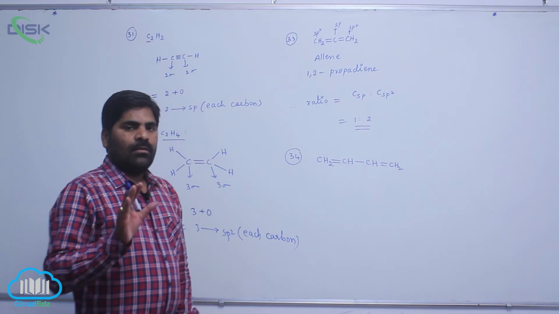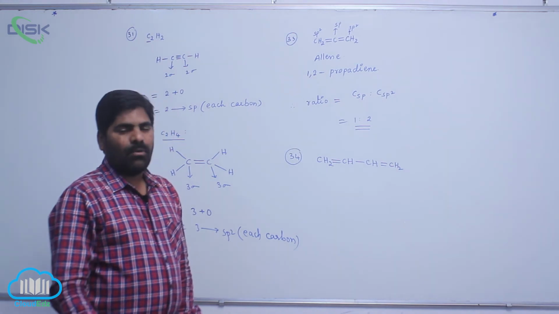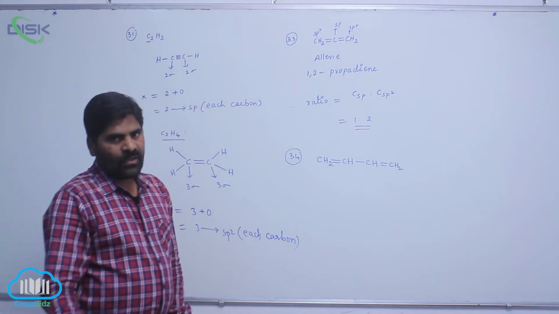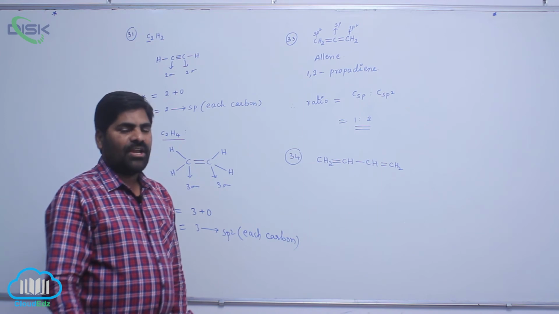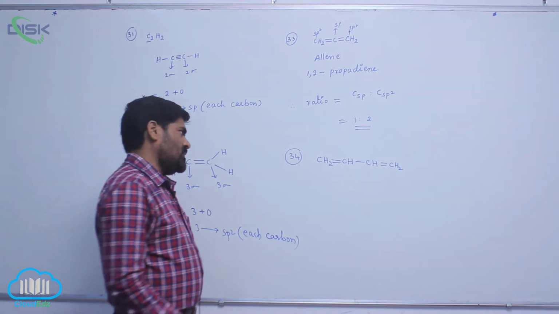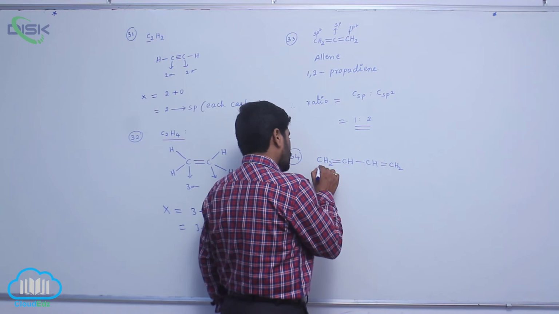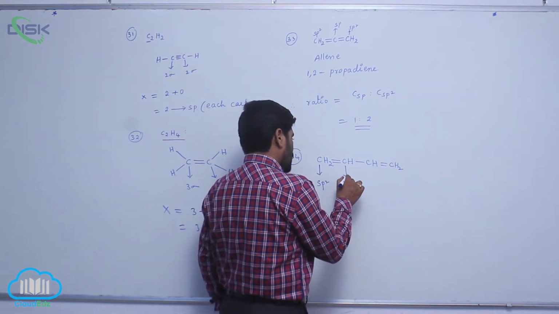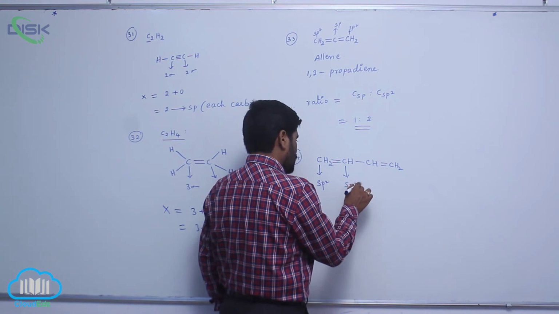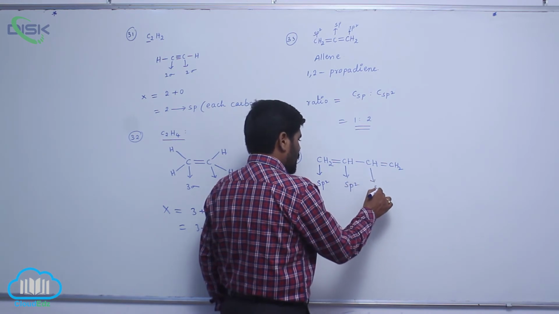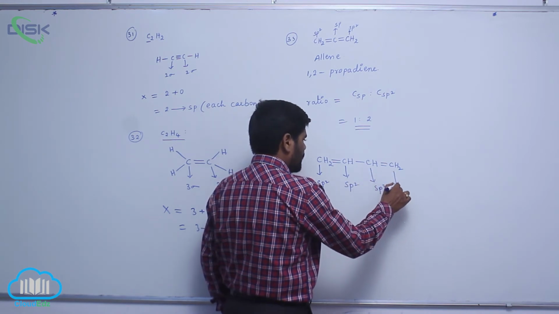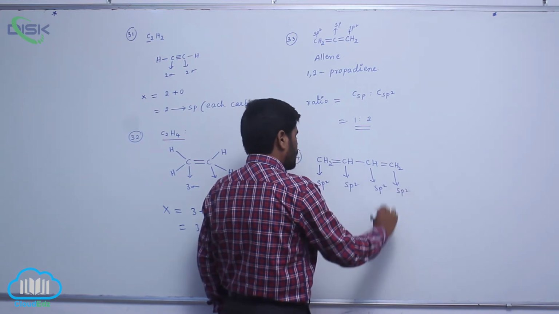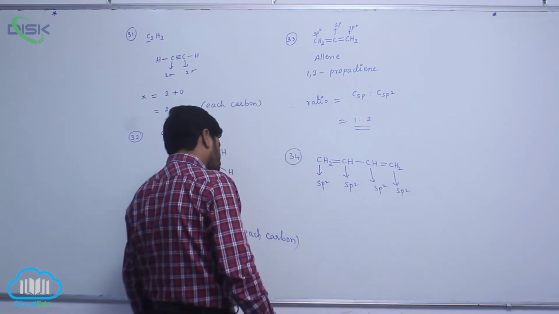If a carbon contains a double bond, definitely sp2. If a carbon contains a triple bond, sp. So therefore this is sp2, it is also sp2, all are sp2 carbons.